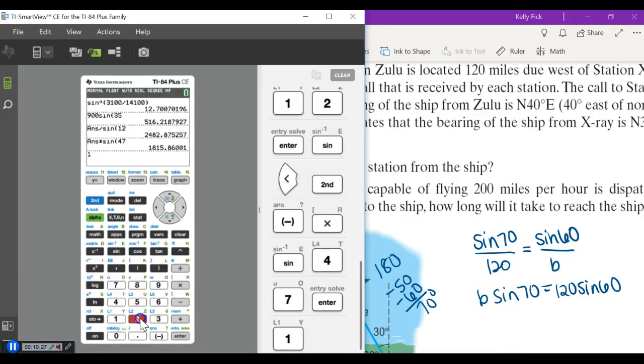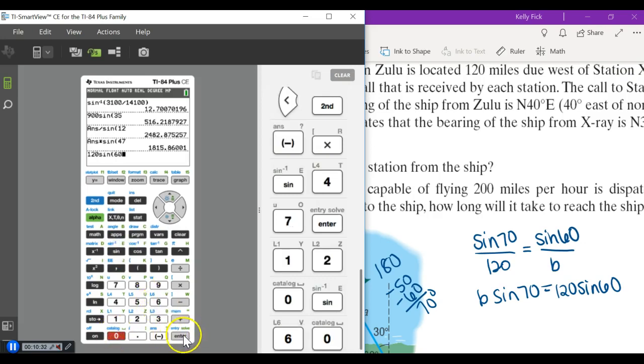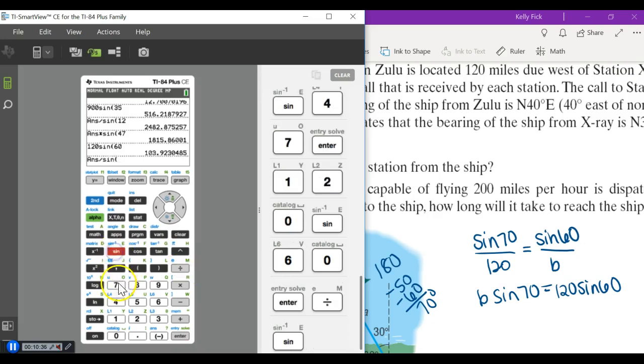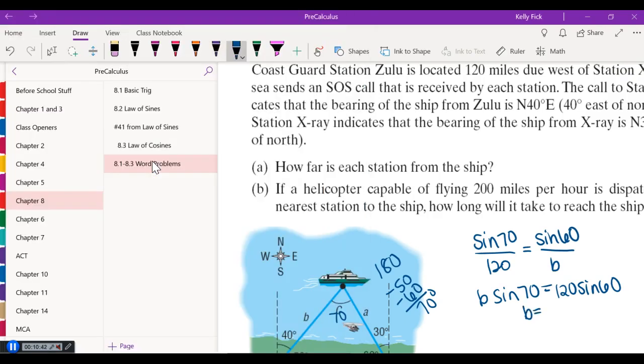So 120 sine of 60 gives me that, and I have to divide that by sine of 70, which gives me 110.6. So B is 110.6.